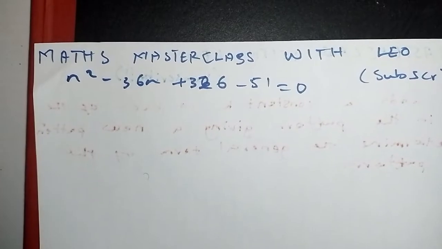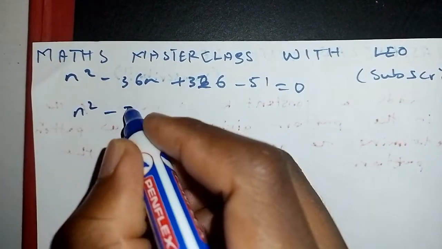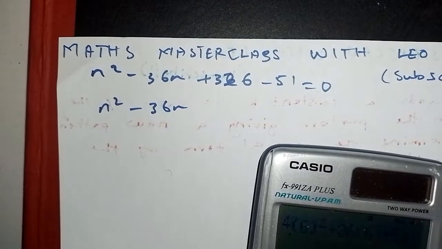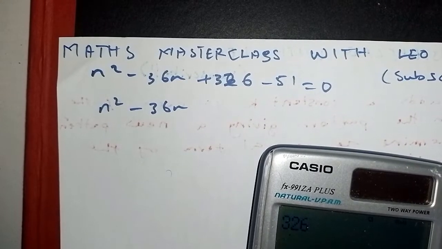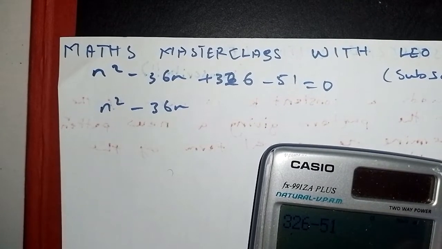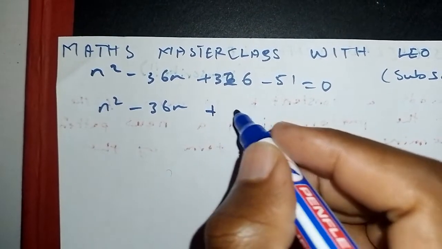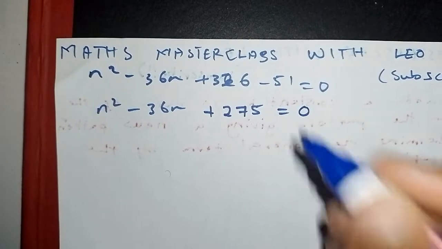Now 326 minus 51 gives me 275, so n squared minus 36n plus 275 is equal to 0.